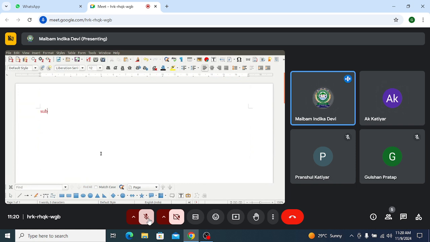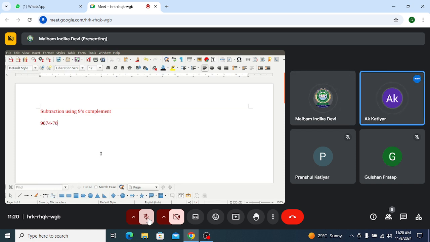Suppose you are going to subtract 9874 minus 786. Suppose this is the question. Now here m equals 9874 and n equals 786.